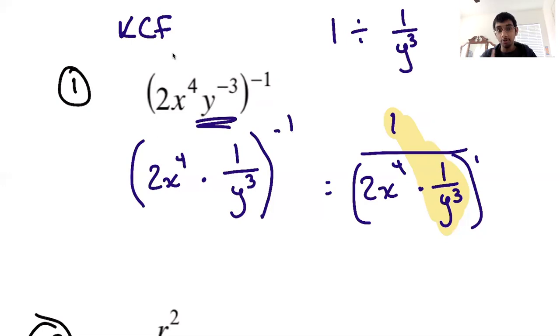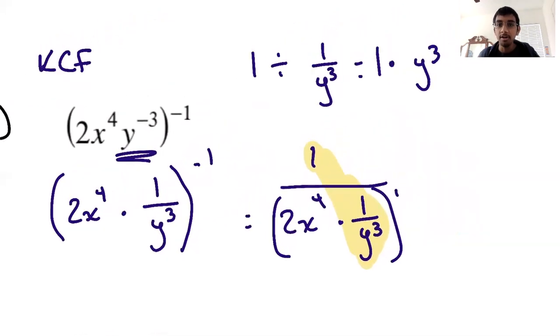So you can do that rule right here. We can keep this, change this, and flip this fraction. So that's going to become 1 times y cubed when we do the keep, change, flip. So it's basically equal to y cubed at the end of the day, right?